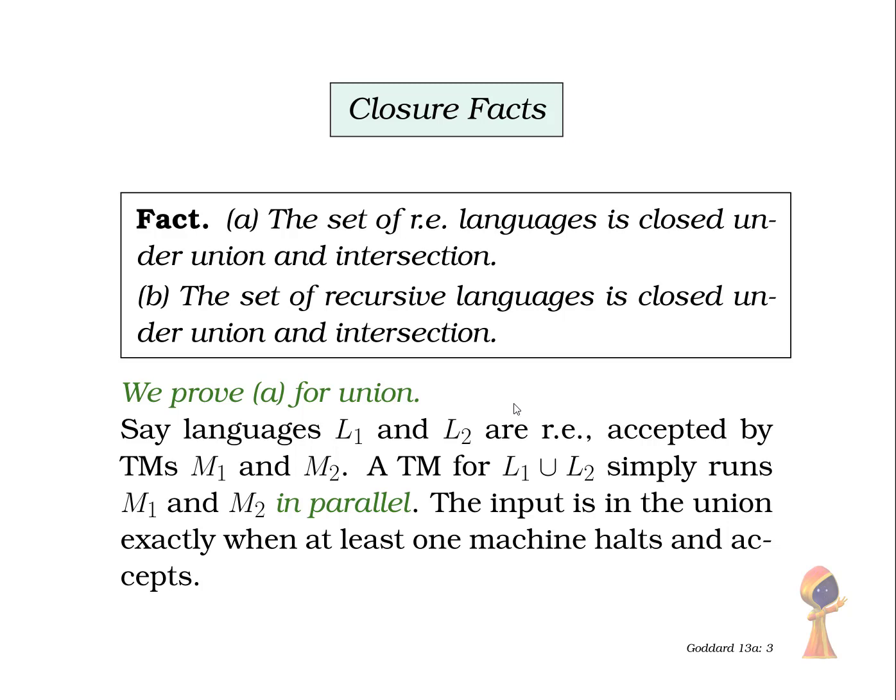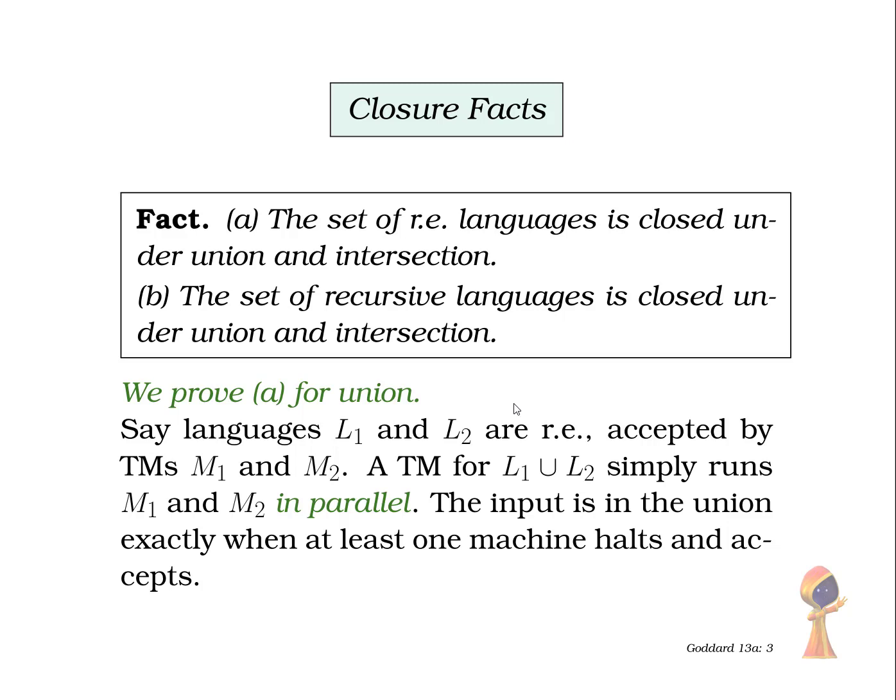If we have a Turing machine which simply runs M1 and M2 in parallel, then the resultant is a language which is L1 union L2, because it will accept for both L1 or L2. If either of them is accepted, in that case, it will work.